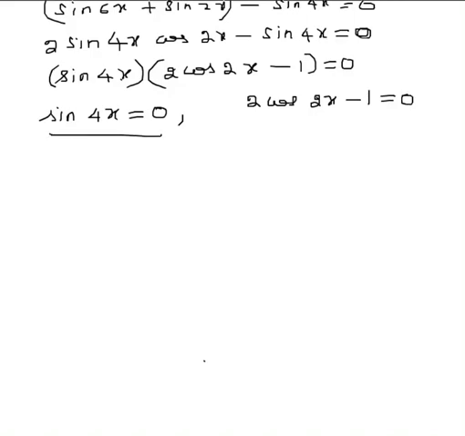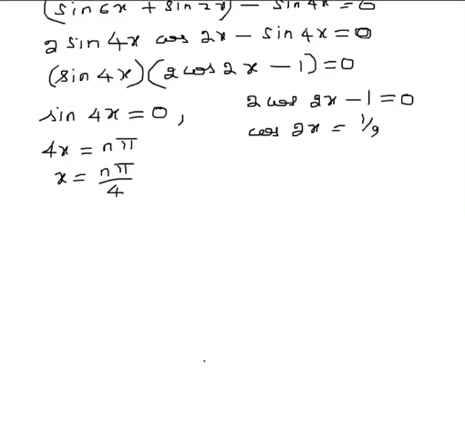Now for this we have to use the sin x is equal to 0 general solution formula. x is equal to n pi, but here x is 4x. So I should write 4x is equal to n pi. Therefore, x is n pi by 4. Now let us solve the other equation.